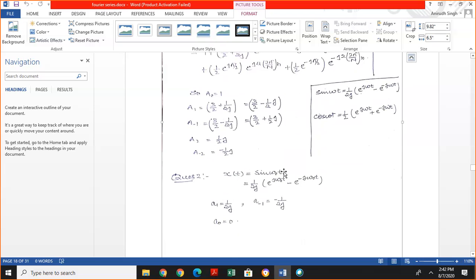Similarly, find the coefficients of sine omega t. Convert this into exponential terms and easily find them. The value of a naught is 0.